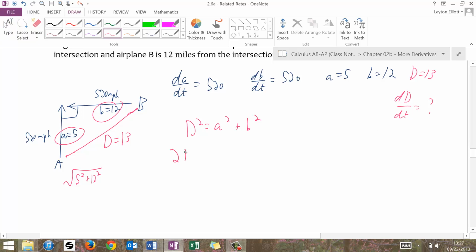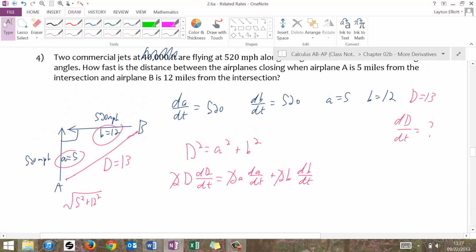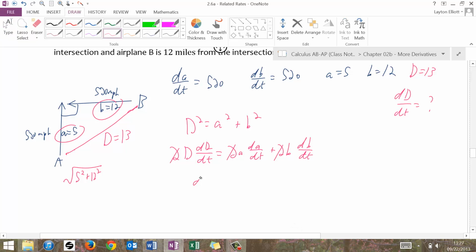That'd be 2d dD/dt equals 2a dA/dt plus 2b dB/dt. Cancel out your 2's and start substituting. We're looking for dD/dt, so I'm going to write that by itself and with the others with a fraction bar all over d of 13.